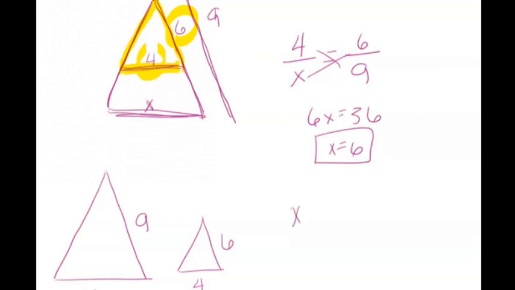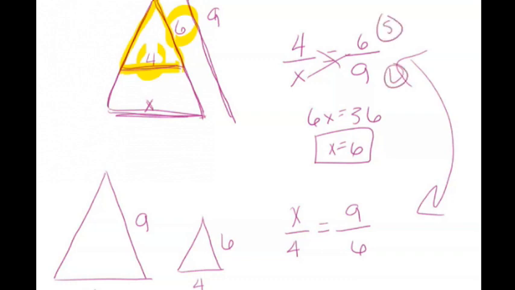So again, the bottom of the big has to go with the bottom of the small. And then the side of the big goes with the side of the small. Notice again here, I did small on top and large on bottom. But the way that I have this one written, it's large on top and small on the bottom. And that's okay. This is okay because one of the rules that we learned a long time ago was that multiplication is called commutative, which means the order doesn't matter.